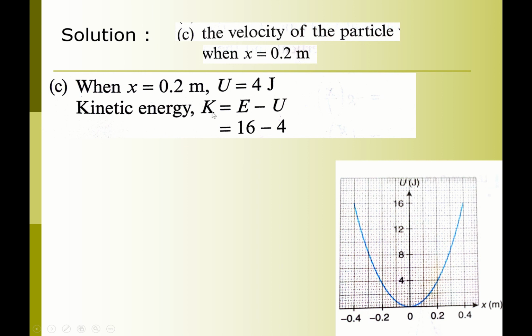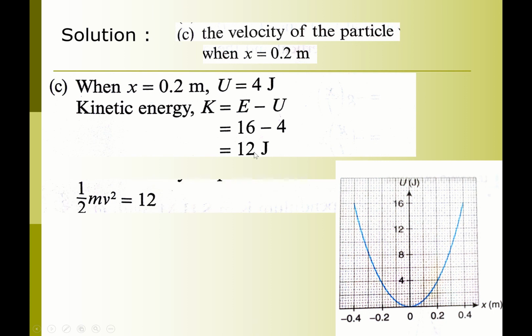The total energy is kinetic energy plus potential energy. Therefore, to get the kinetic energy, total energy minus the potential energy, we get the kinetic energy, which is 12 joule.